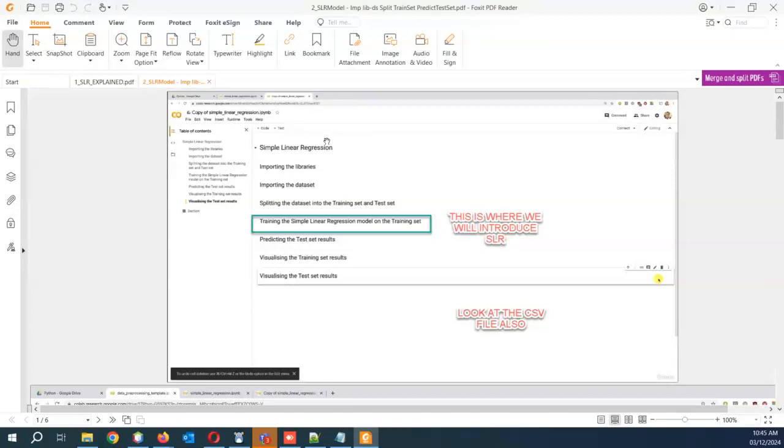What do you mean by feature scaling? Please write your answer in the chat box.